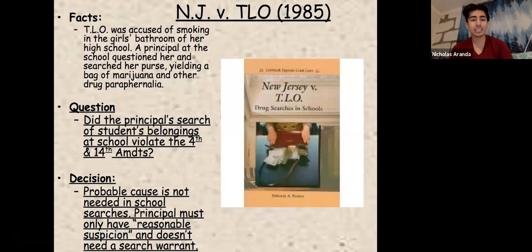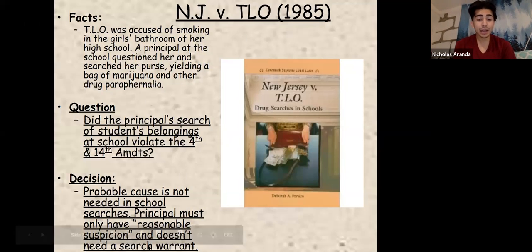The question was, did the principal's search of the student's belongings at the school violate the Fourth Amendment, whereby you have protection from unwarranted search and seizure, and the 14th Amendment, like a right to due process and equal protection under the law? The decision is that probable cause is not needed in school searches, and the principal must only have a reasonable suspicion, and that it doesn't infringe on their 14th Amendment rights.